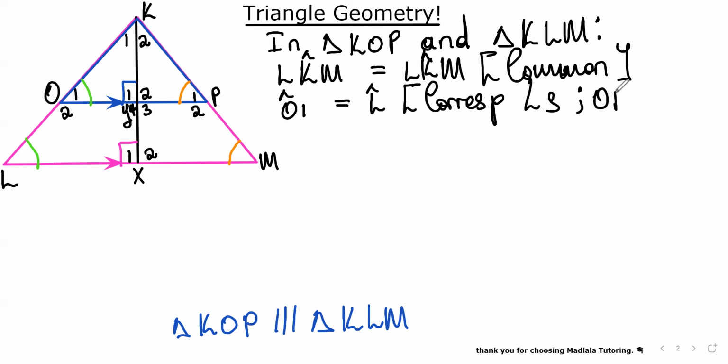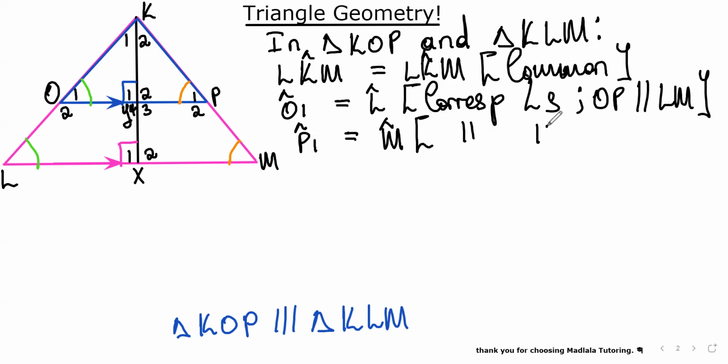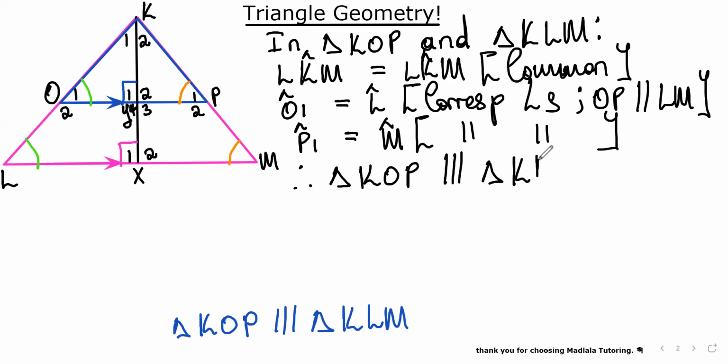And the reason why they correspond is because OP is parallel to LM. Moving on, angle P1 is equal to angle M for the same reason. And now we can conclude that these two triangles must be similar to each other. And of course, we purely used the angles in order to deduce this.